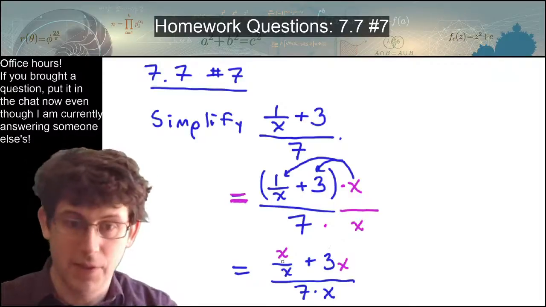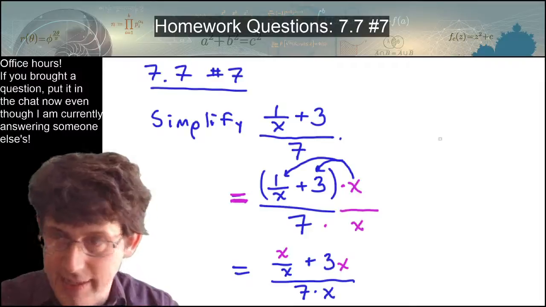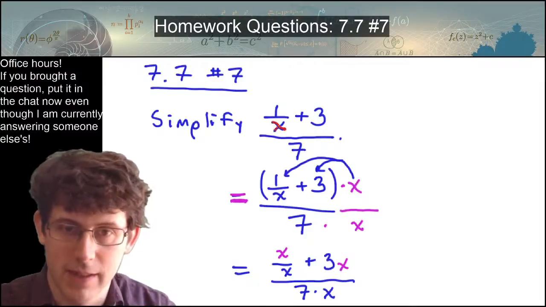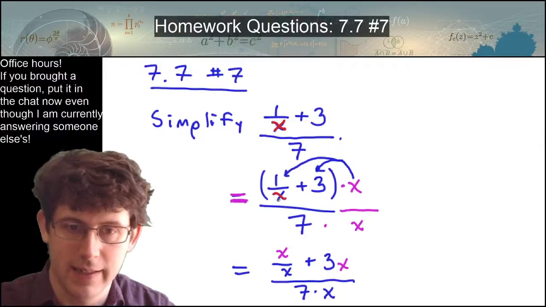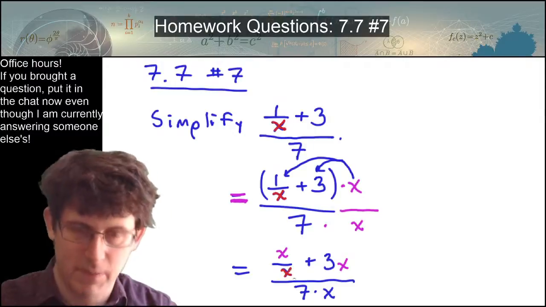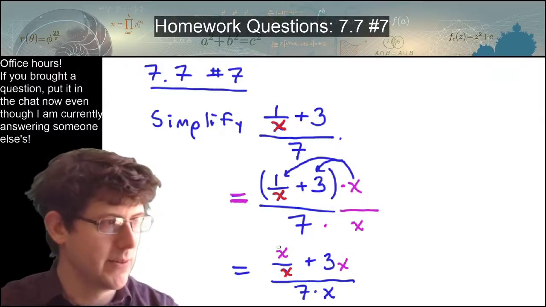What's the point of this? Well, the point of this was that my x that I multiplied by was targeted at my enemy, which was this particular x in the denominator of the numerator. The reason I multiplied by this x was to cancel these.